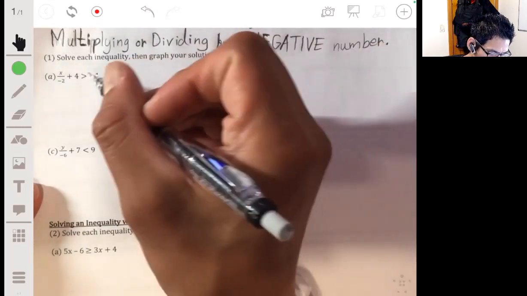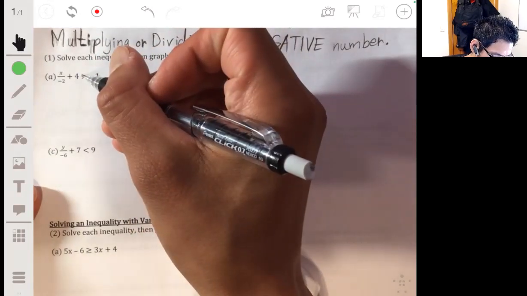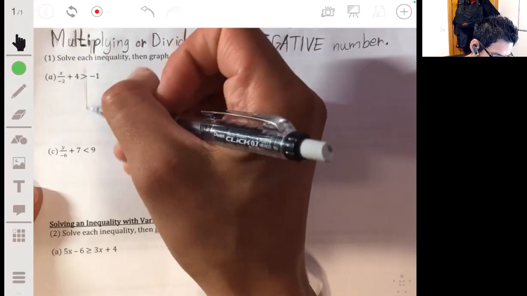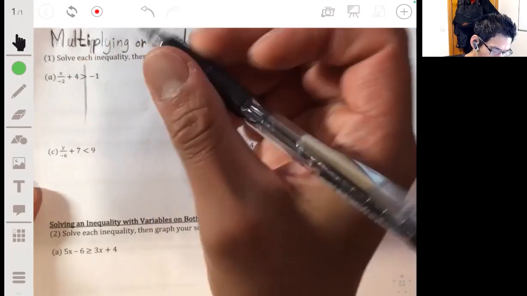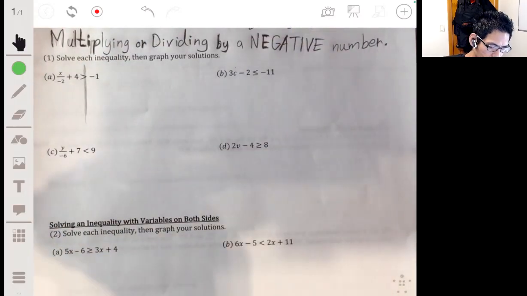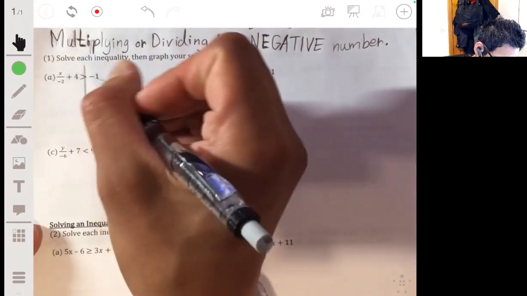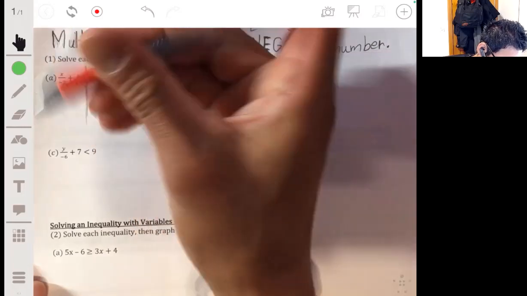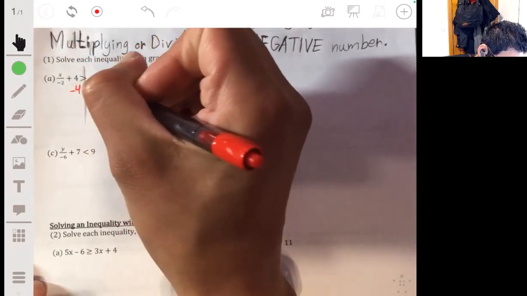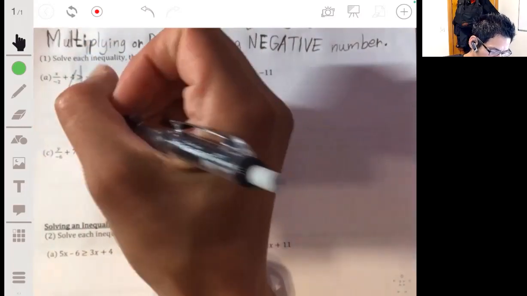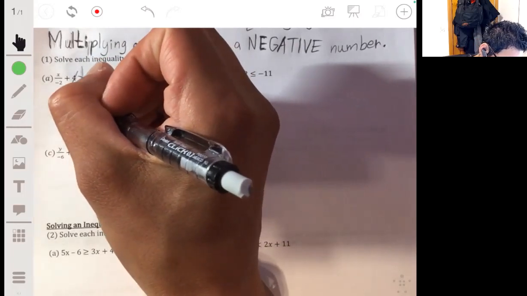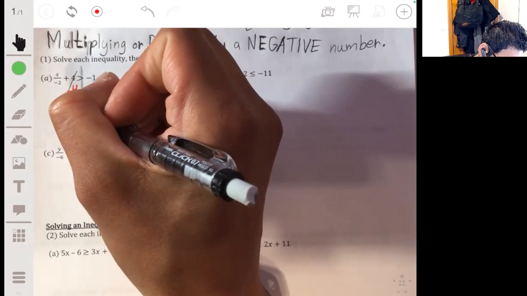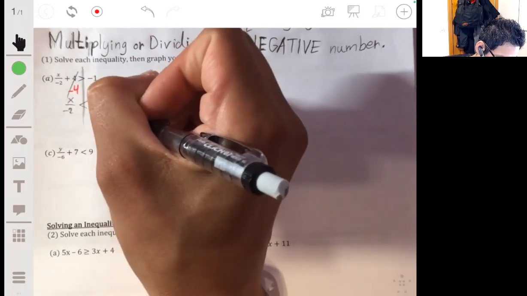So let's go to the first one. So again, remember, think of the inequality symbol as like your equal sign. So whatever you do to one side, you got to do to the other side. So we're going to subtract 4 first from each side. After we subtract 4, we'll have x over -2 is less than -5.